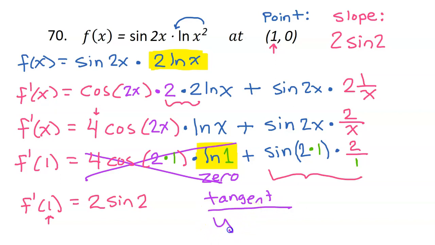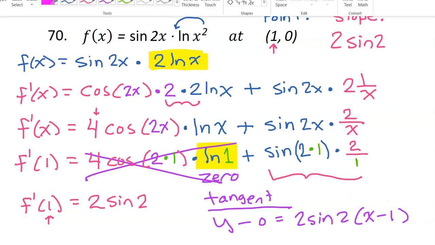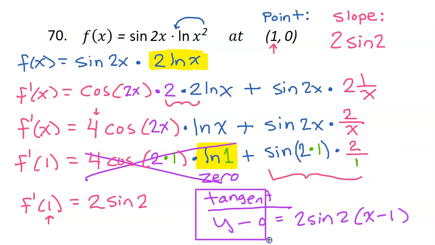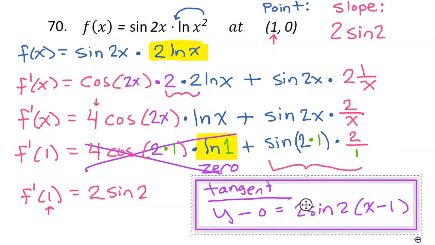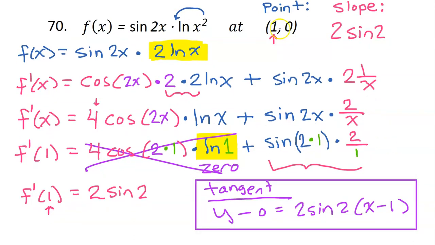We still will write y minus y, which is 0, is equal to the slope, which is 2 sine 2, times x minus x, which is x minus 1. And this is still good. This is the equation of the tangent line at the point 1, 0.